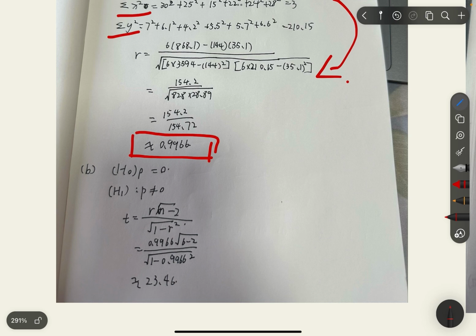The null hypothesis is there is no correlation between average orbit time and mood. The alternative hypothesis, H1, is rho not equal to 0: there is a correlation between average orbit time and mood.